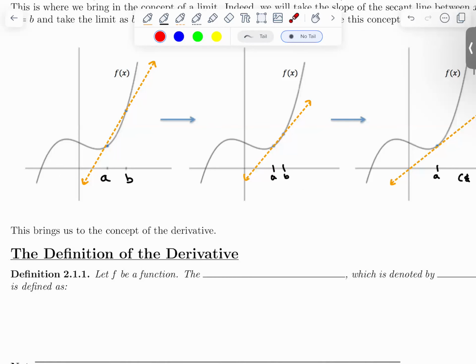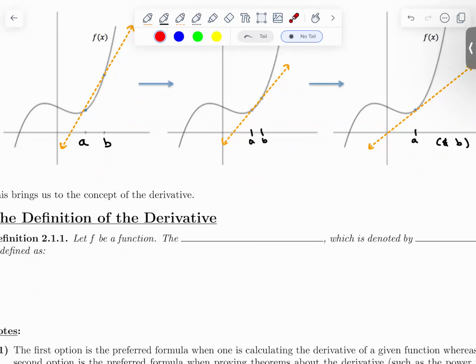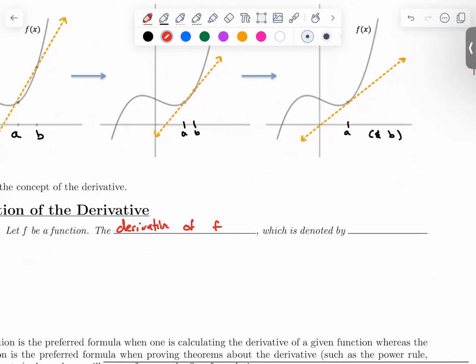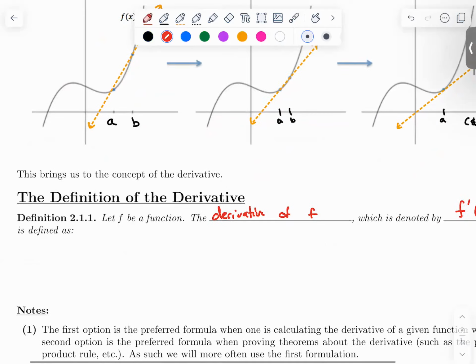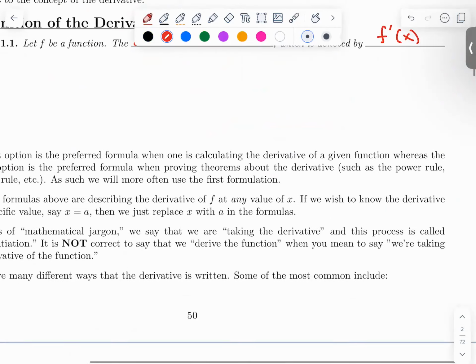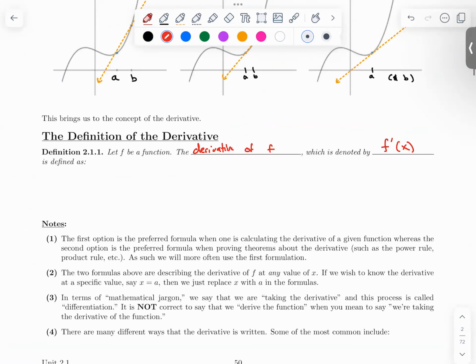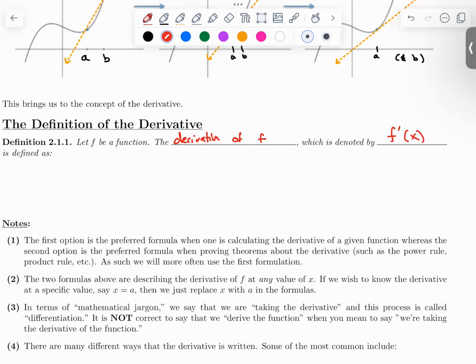Now, fair warning about that, I'll get to it in just a second. So let f be a function, and then the derivative of f, which is denoted by f and then an apostrophe x, and you say f prime.